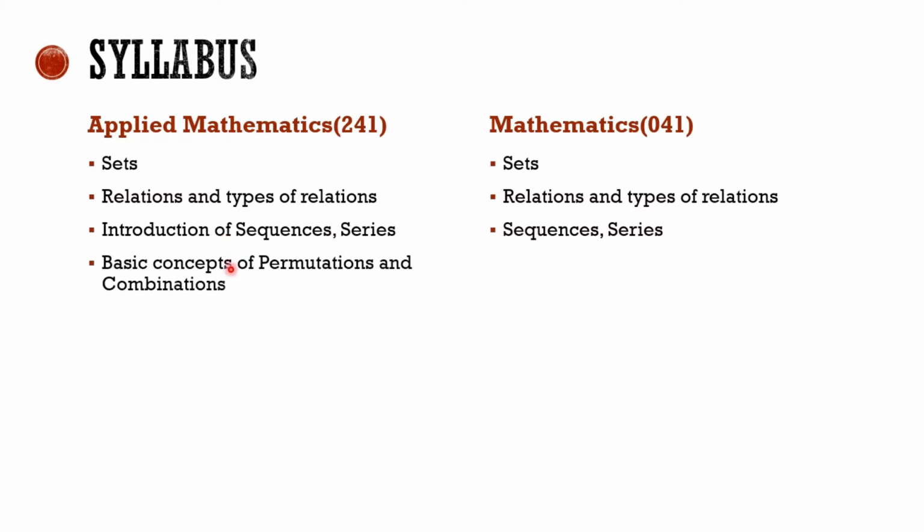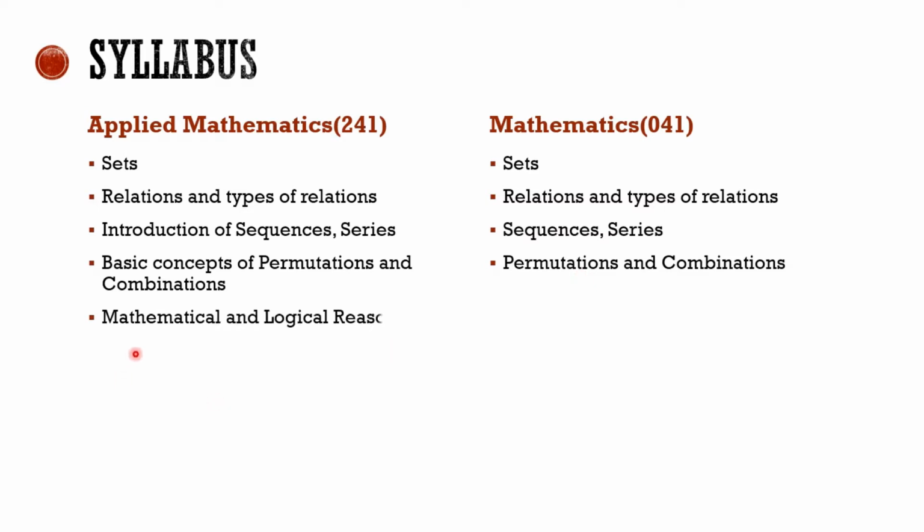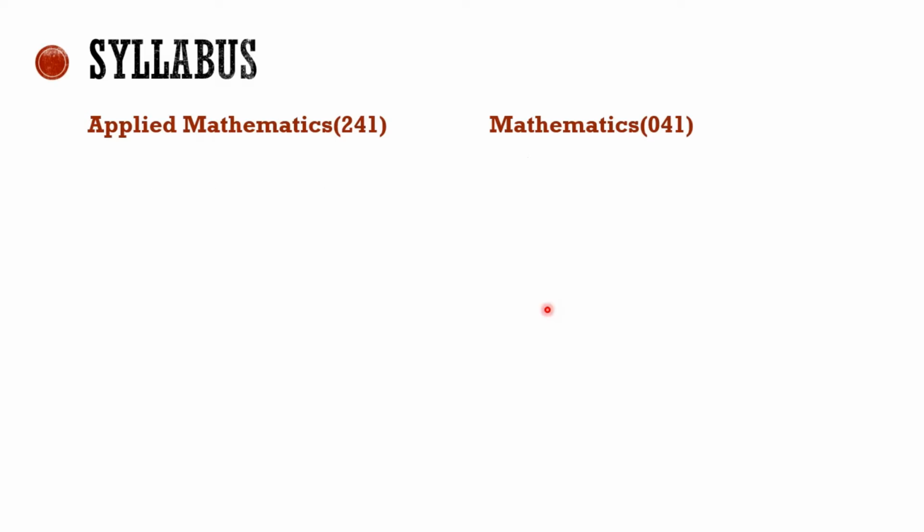Basic concept of permutation and combinations is given in applied mathematics, but in mathematics it is given in detail. Mathematical reasoning is given in detail in applied mathematics, but in short it is also given in mathematics.